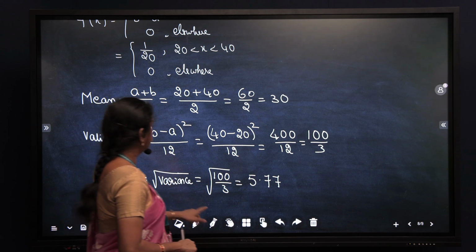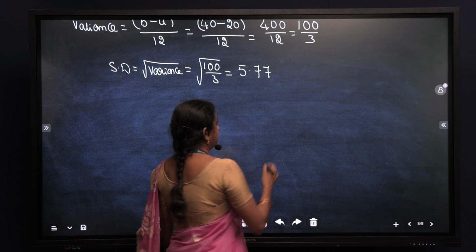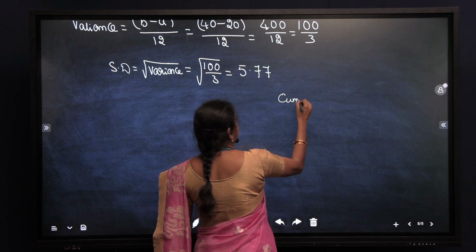Now we'll find out the cumulative distribution, right? We already have discussed what is cumulative distribution function.